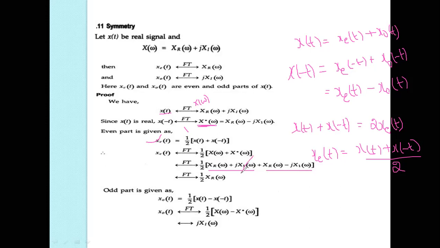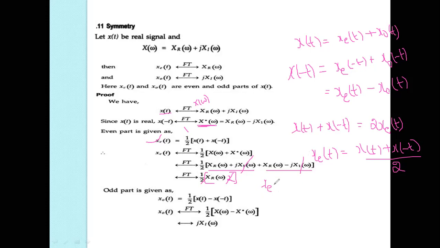Now the plus and minus get cancelled, leaving 2 Xr of omega, with 1 by 2 there. Something is wrong here. Actually it is 2 Xr of omega, and the 2 gets cancelled.